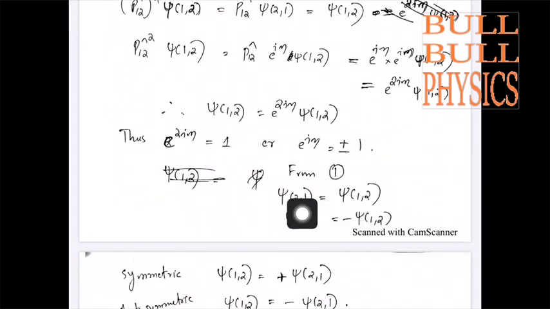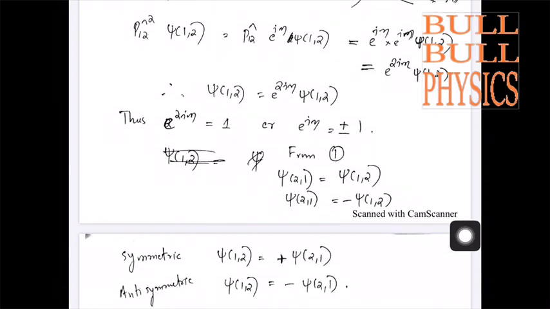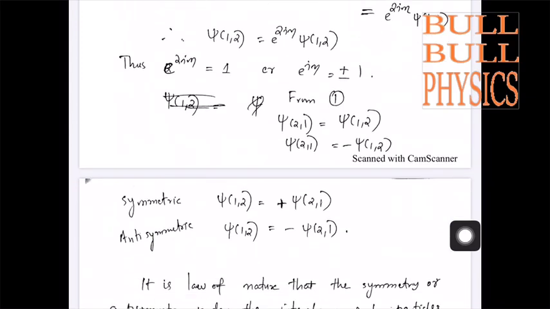If it is plus 1, we have psi 21 equal to psi 1 2. And if it is minus 1, we have psi 21 equal to minus psi 1 2. Or we can write it in this fashion also, psi 1 2 equal to psi 21, and psi 1 2 equal to minus psi 21.